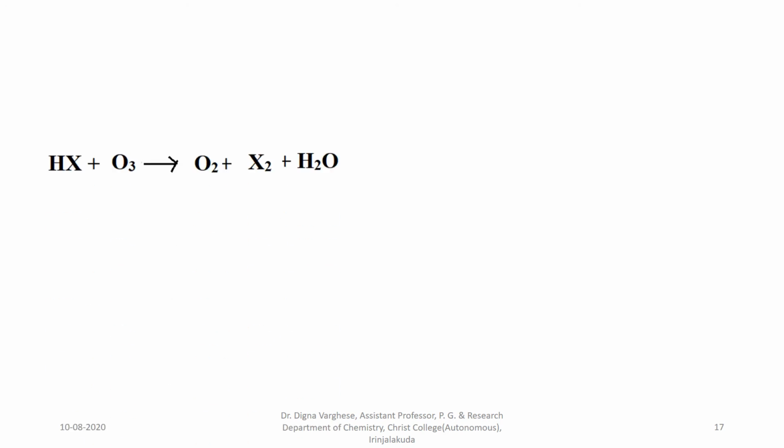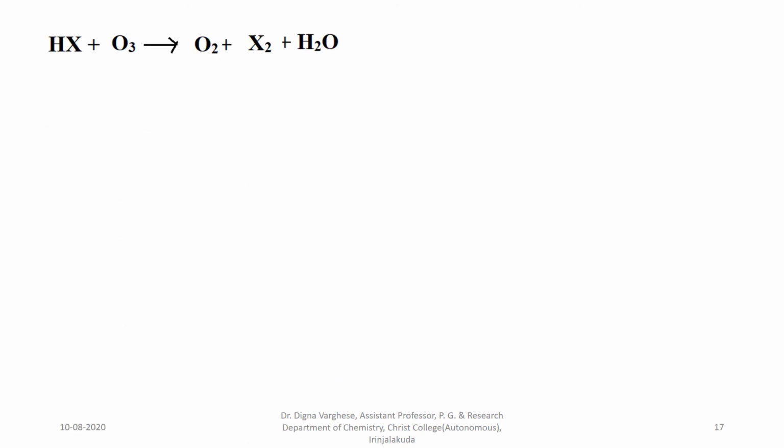Ozone oxidizes halogen acids to the corresponding halogens. Generally we can represent a halogen acid as HX, which reacts with ozone to give halogen X2. If it is HCl, it reacts with ozone to give oxygen, chlorine, and water.